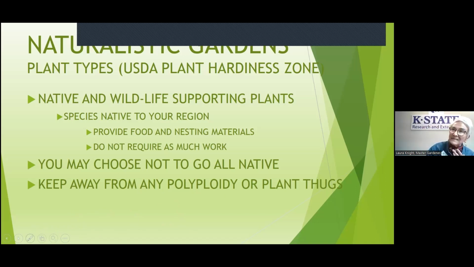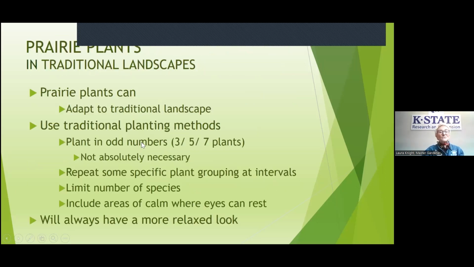We don't see what they see. And when you have all these polyploids, they can't see and they can't eat.